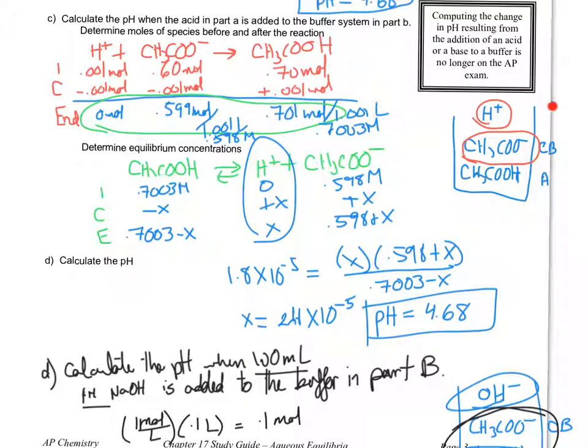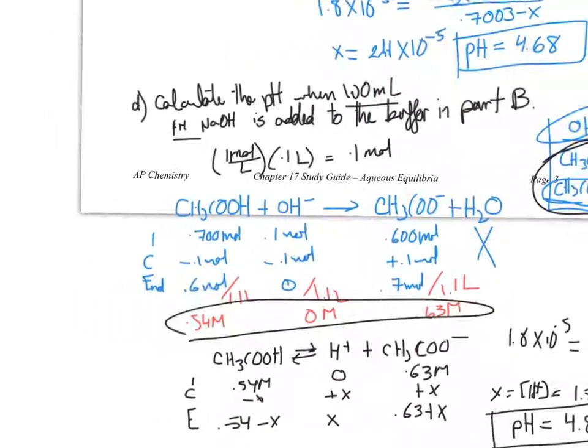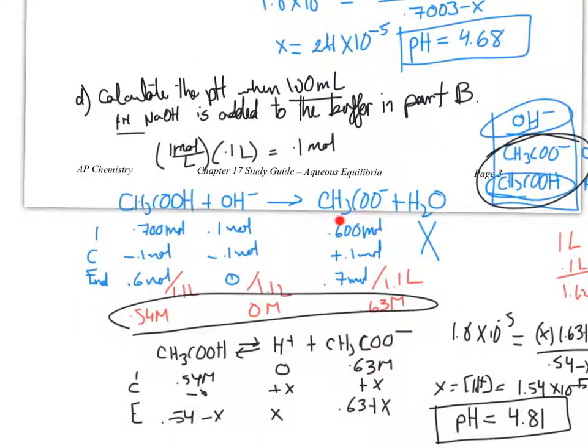An acid will react with a base, and a base will react with the acid. Then you write out the moles of each of your substances, what you start with, what the change is, you figure out your limiting reactant, and then what's left, divide by the total volume to get your concentrations, and that's what you use for your ice chart for your buffer.